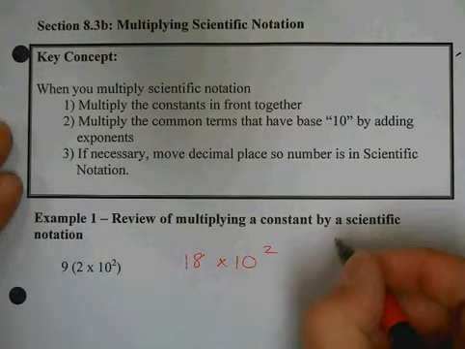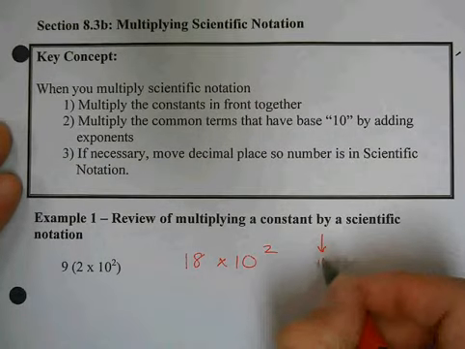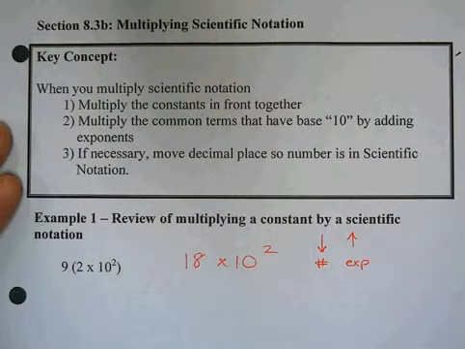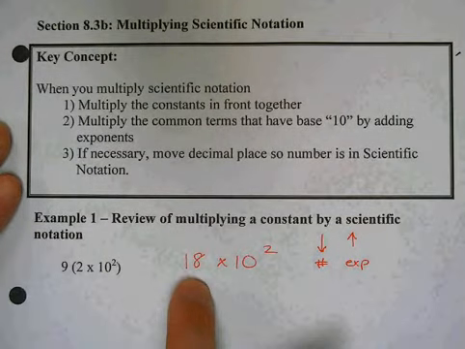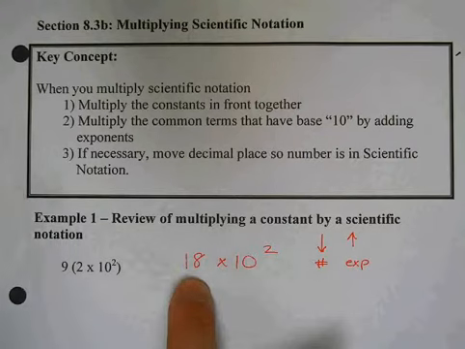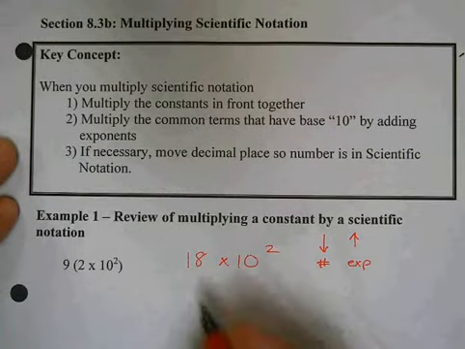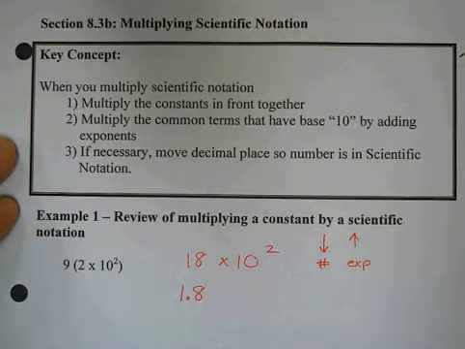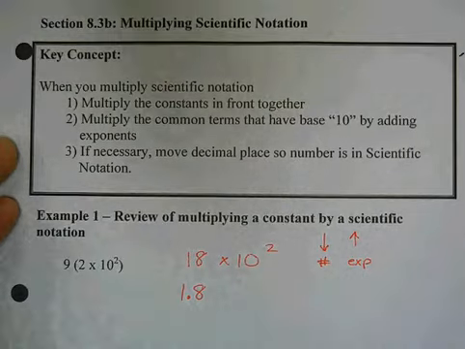Now a little review about what we talk about here. If the number goes down, then the exponent goes up. Here the 18 isn't correct scientific notation. What do I have to write that as instead? Yeah, thanks Drew, 1.8. So the number went down by 1 decimal, so the exponent needs to go up by another.